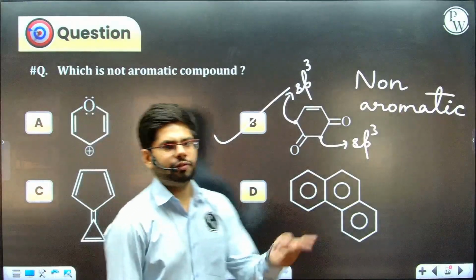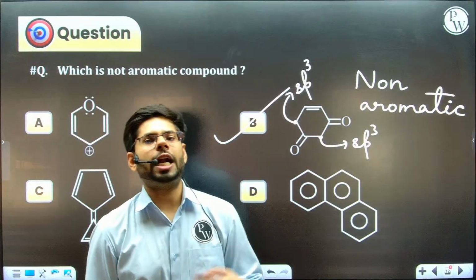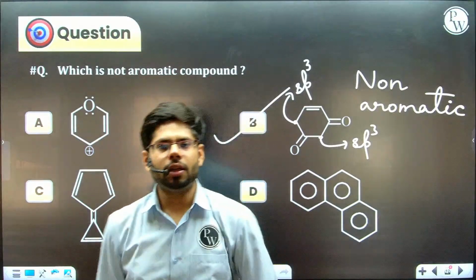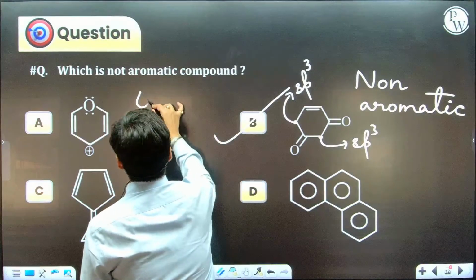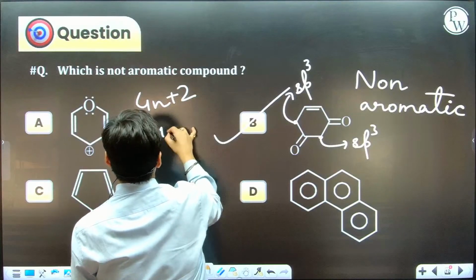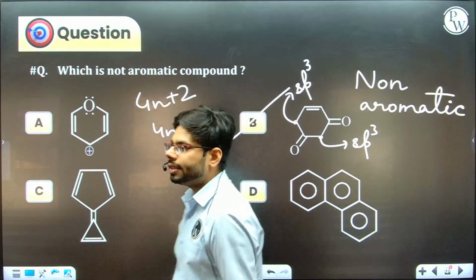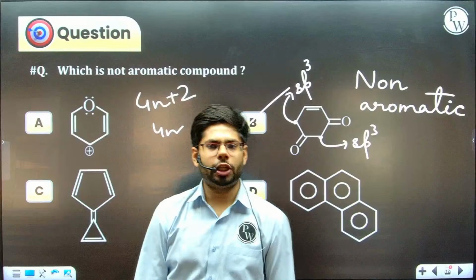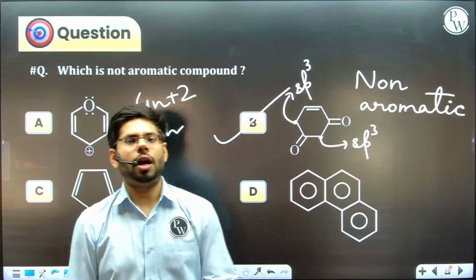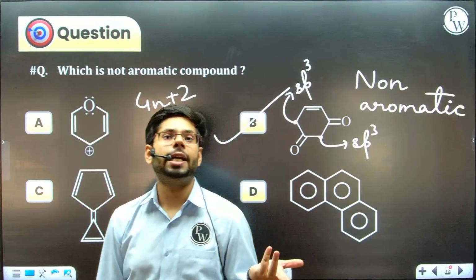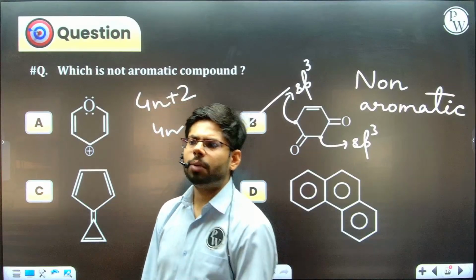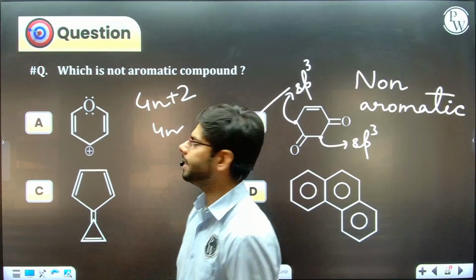And after we are sure that every atom is sp2 hybridized, we will start checking this concept, 4n plus 2 and 4n. How many electrons inside the ring are in conjugation? How many electrons are in resonance? That is the number of pi electrons in resonance, right? The total number of pi electrons in conjugation inside the ring.